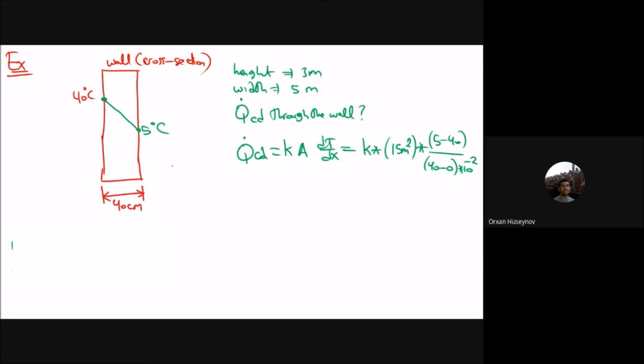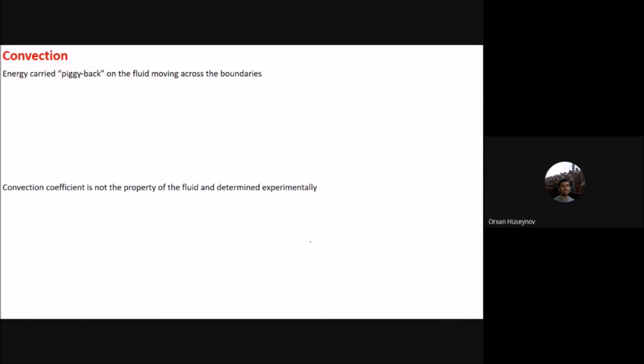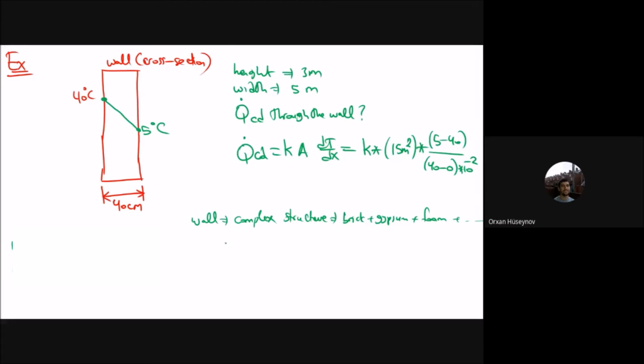Now the K value here. A wall is not a plain structure; it is complex. So here you will have the brick, you will have the gypsum, and you can have the foam, for example, etc. But in our case, we will simplify it and say that it is only brick.